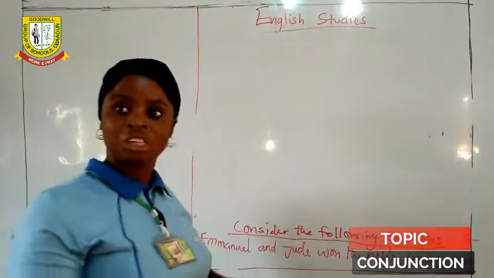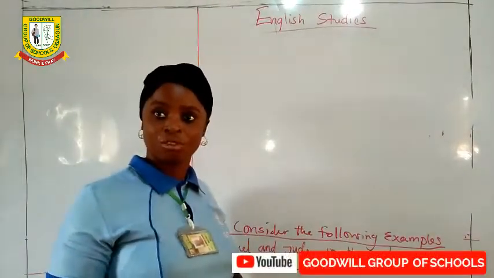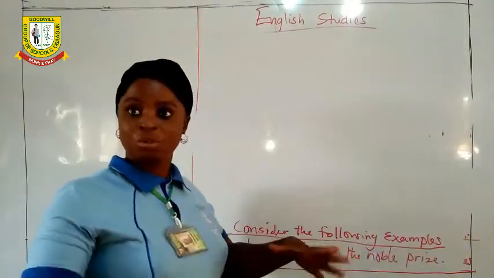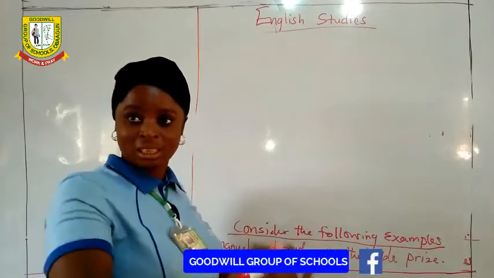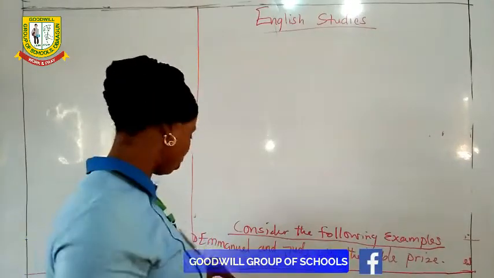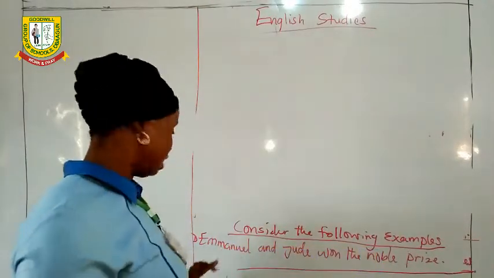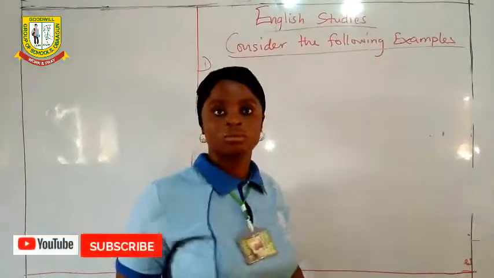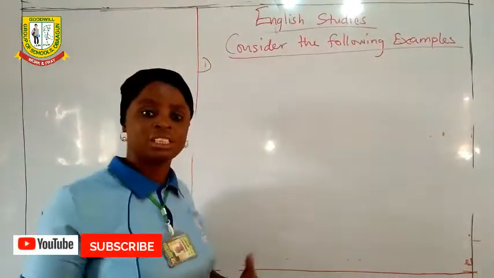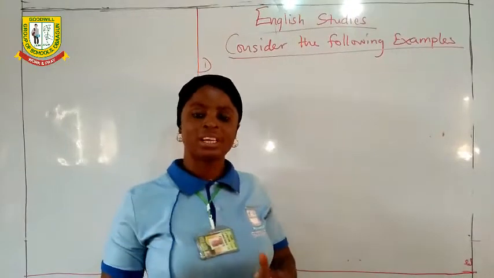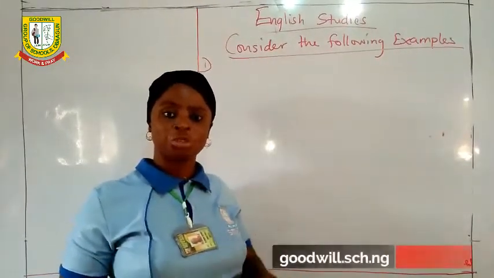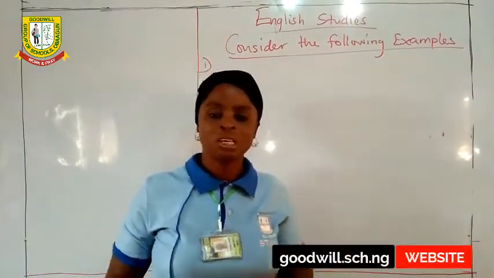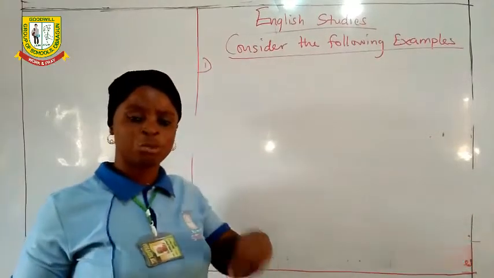So I was trying to give the examples of conjunctions in sentences, and I've explained the first example. So consider the following examples. The first one I said, Emmanuel and Jude won the Nobel Prize.